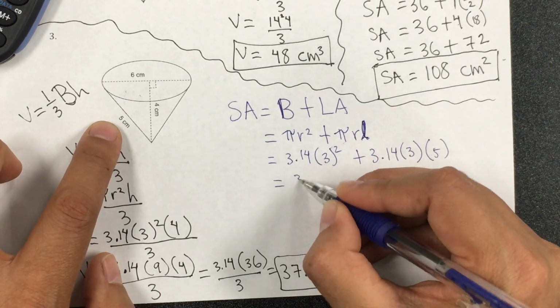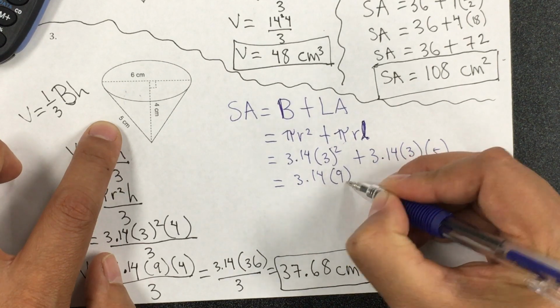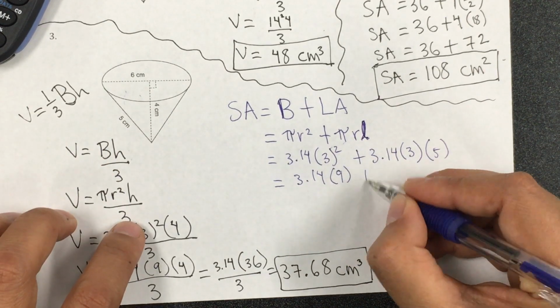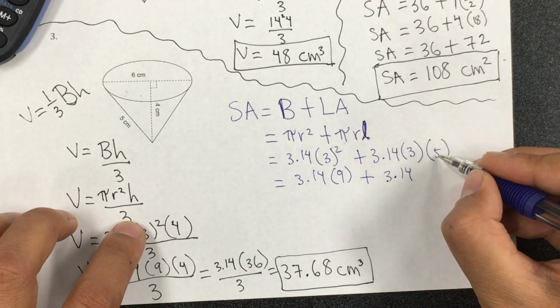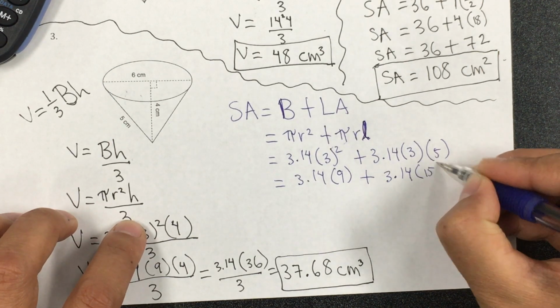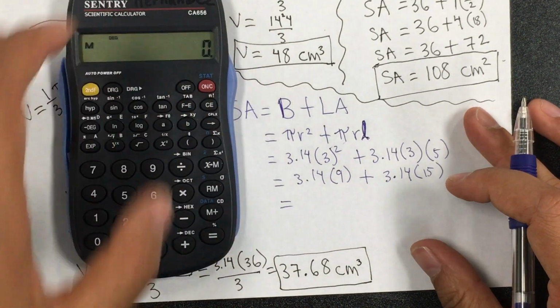And so this is 3.14 times 3 squared is 9, because it's 3 times 3, plus 3.14 times 3 times 5 is 15, and 9. That's where we go to the calculator.